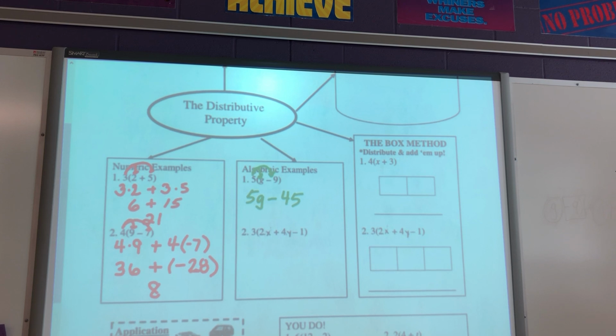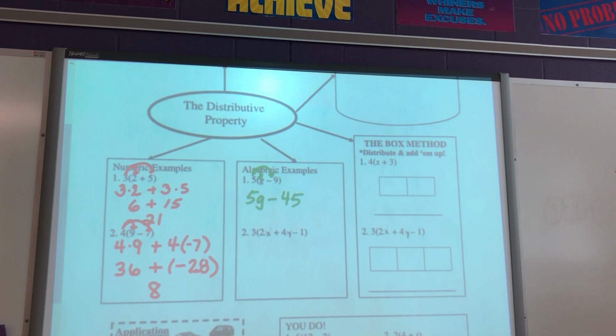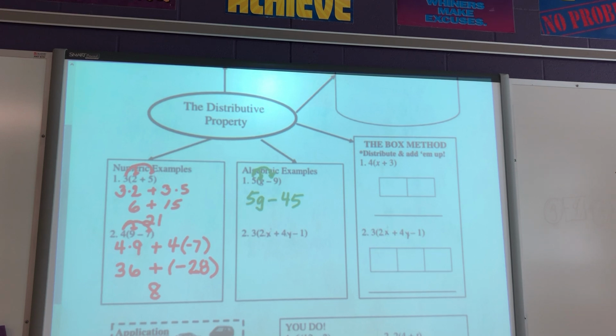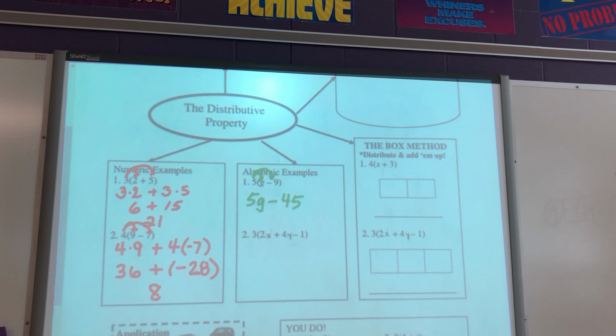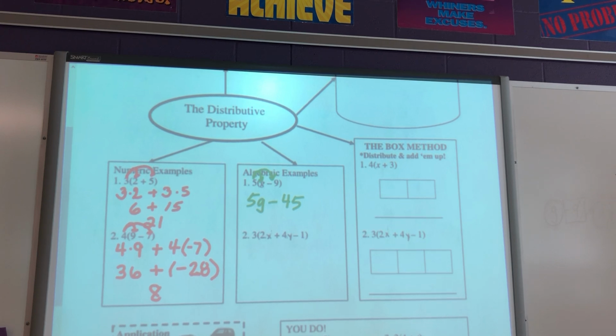All right, what about this? Let's take it back a couple years. What does that mean? 5 times 9, right? But when you were in elementary school, how did they present 5 times 9 to you? Do you remember? What did you have to do?